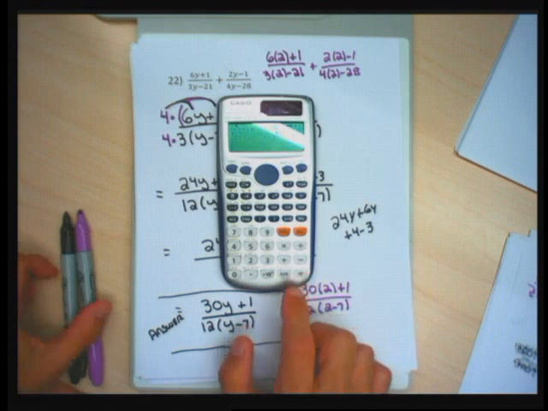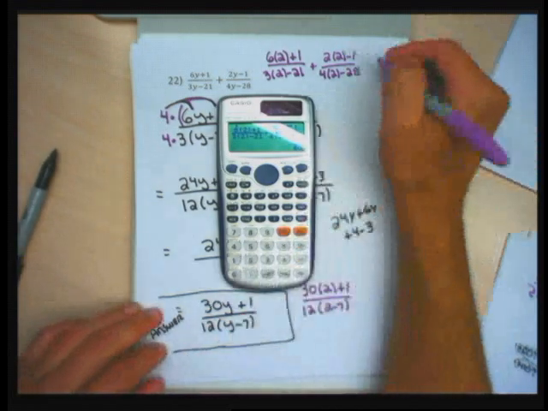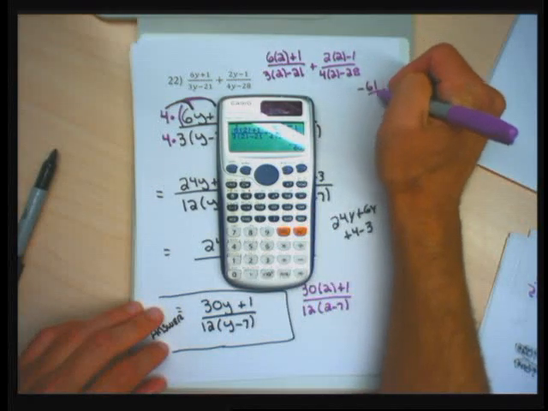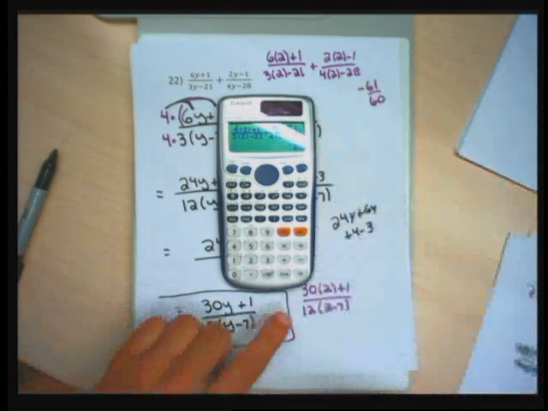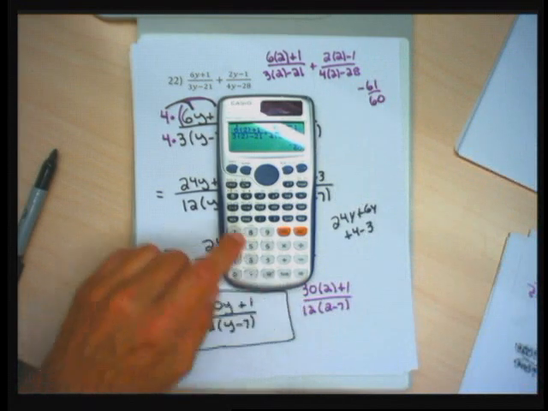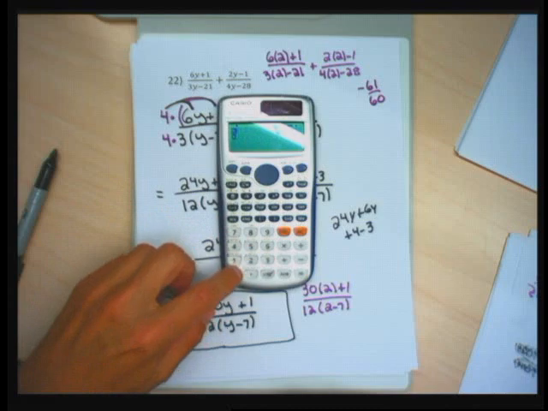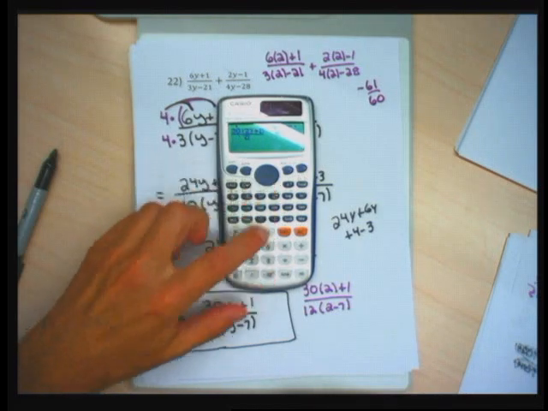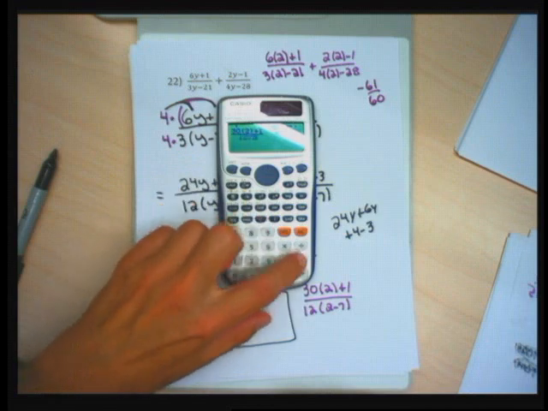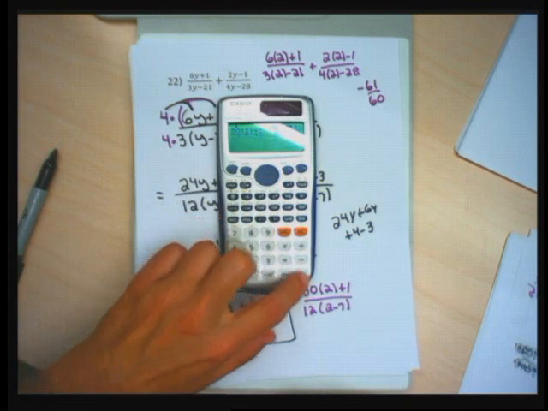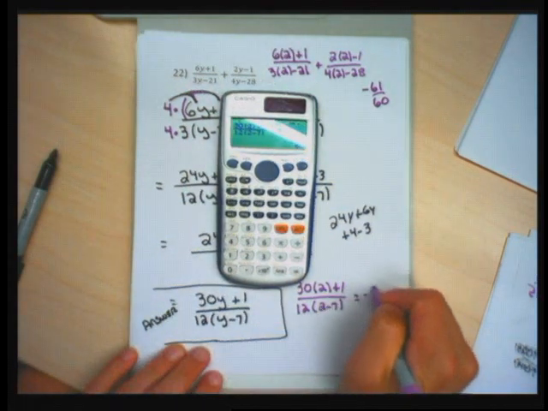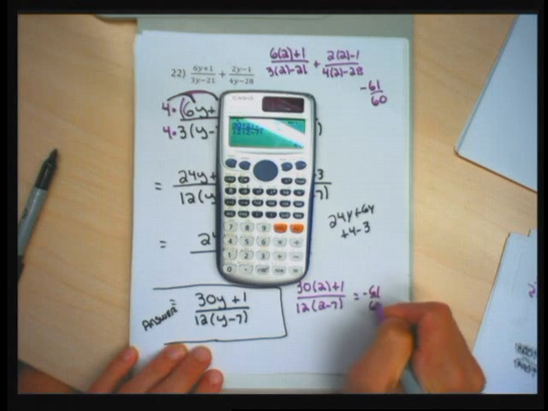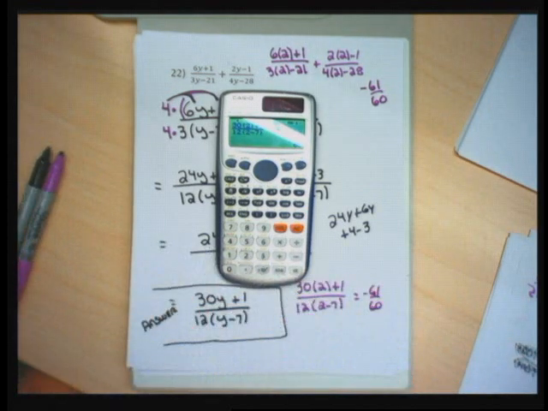So the original problem, when I plug in 2 for x, I get negative 61 over 60. Now I'm going to do the same thing for my answer. I'm going to go 30 times 2 plus 1 over 12 times 2 minus 7. And I get negative 61 over 60. Again, that matching number makes me feel good about my answer.